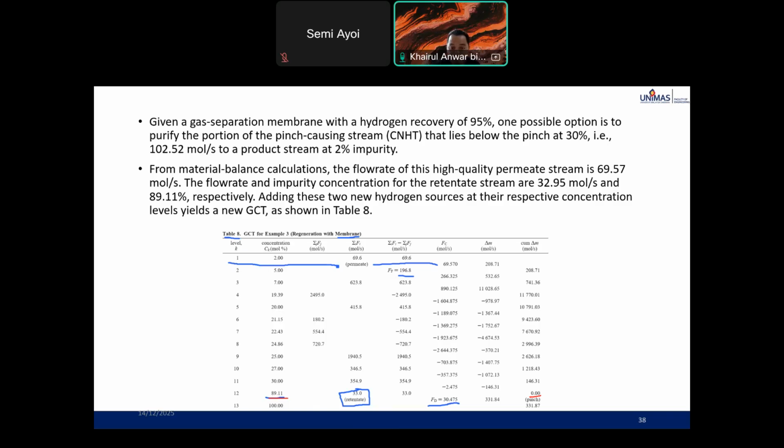For the gas, we treat the stream below the pinch to a product stream quantity at 2%, which is very high for me. 2% is better than the feed itself. Sorry, the import stream for this example is 5%. Refer back to figure 6.